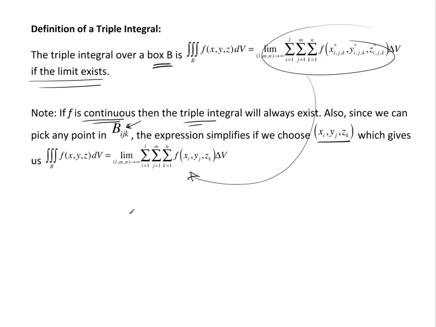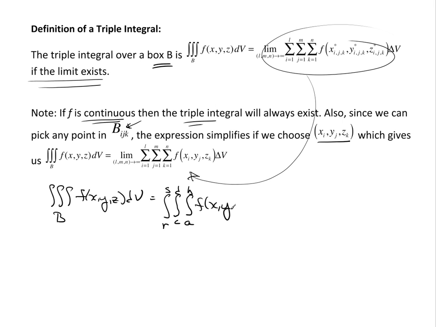And then Fubini's theorem drops in quite nicely, because what I end up with is that the triple integral over B of f of x, y, z dV is equal to the integral from r to s, integral from c to d, integral from a to b of f of x, y, z, and in the order I wrote this, dx, dy, dz.